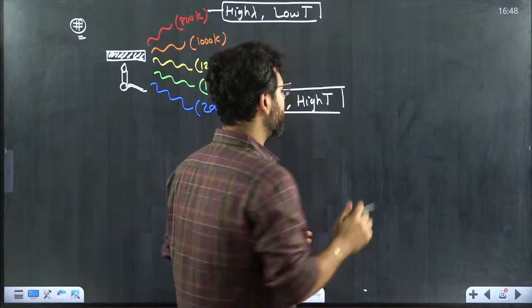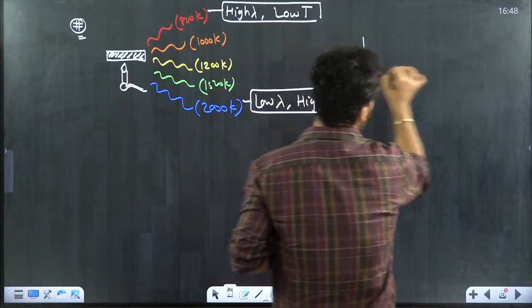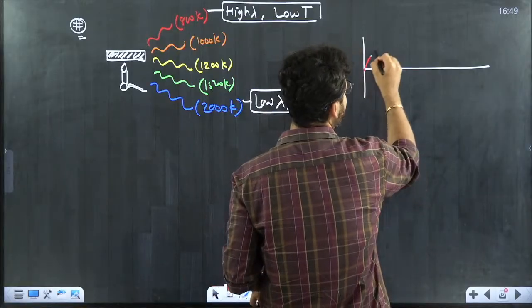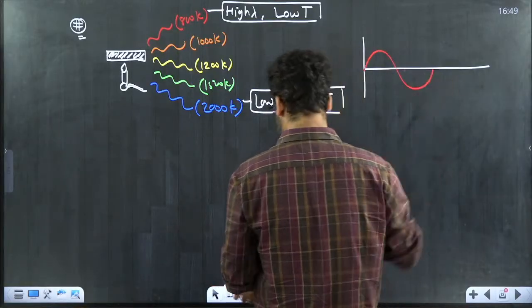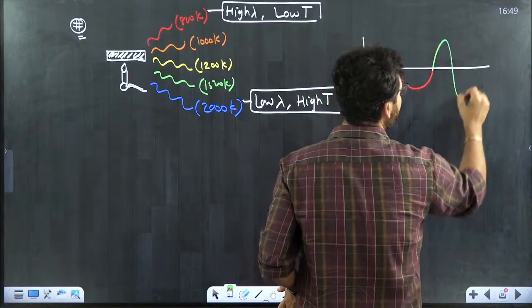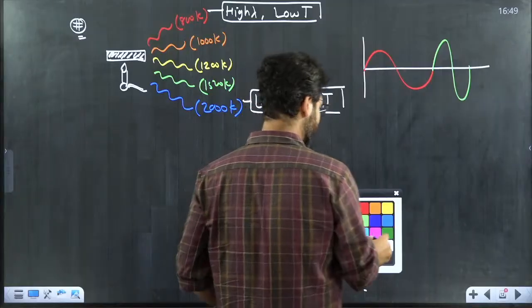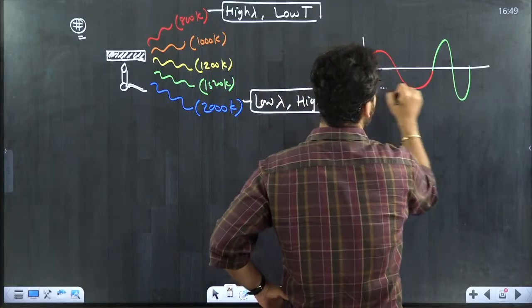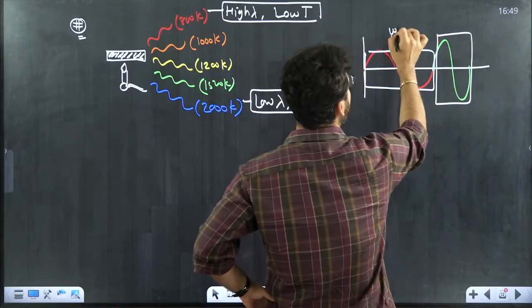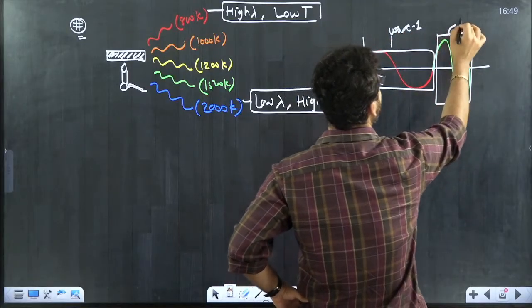Because I told you, as soon as lambda changes, that means the wave has changed. If initially a red color wave was coming out and after some time it started becoming something like a green wave, these are not the same wave, these are two separate sets of waves. This is the first set of wave, this is the second set of wave. Wave 1, wave 2.